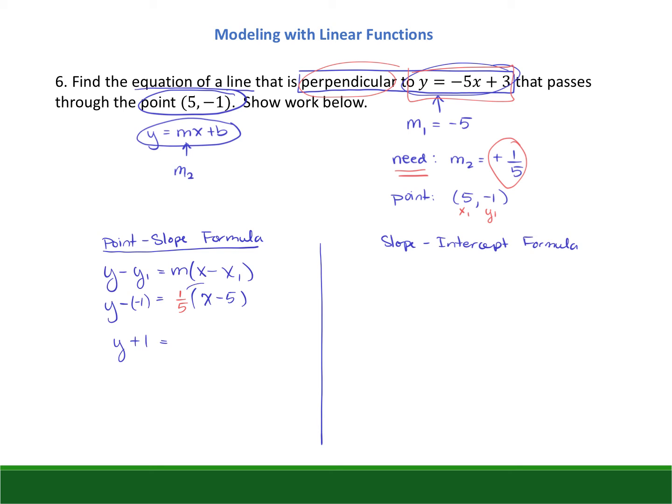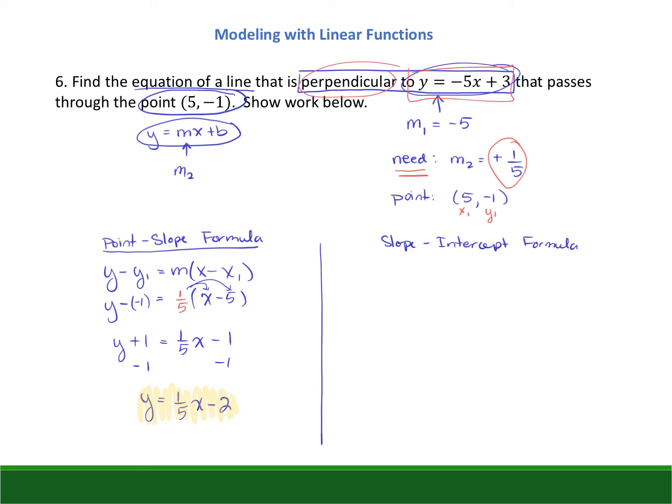On the right, let's distribute that 1/5 to every term. So that's 1/5 x. And then 1/5 times negative 5, that's going to give us negative 1. And then now let's add negative 1 to both sides. So the line that is going to be perpendicular to y equals negative 5x plus 3 is the line y is equal to 1/5 x minus 2. Final answer.